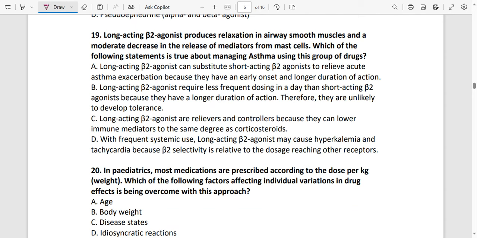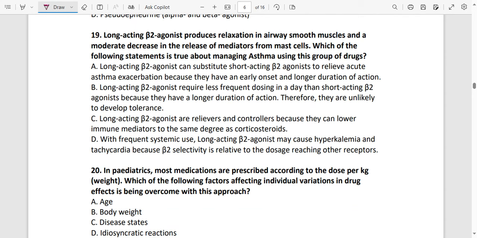B. Long-acting beta-2 agonists require less frequent dosing in a day than short-acting ones because they have a longer duration of action. Therefore, they are unlikely to develop tolerance. C. Long-acting beta-2 agonists are relievers and controllers because they can lower immune mediators to the same degree as corticosteroids. D. With frequent systemic use, long-acting beta-2 agonists may cause hyperkalemia and tachycardia because beta-2 selectivity is relative to the dosage reaching other receptors.